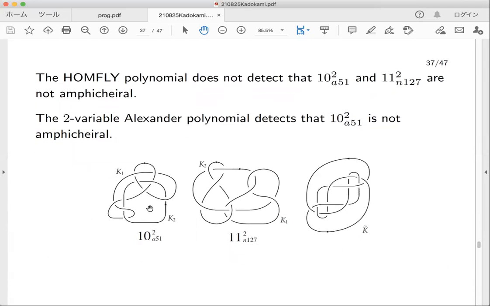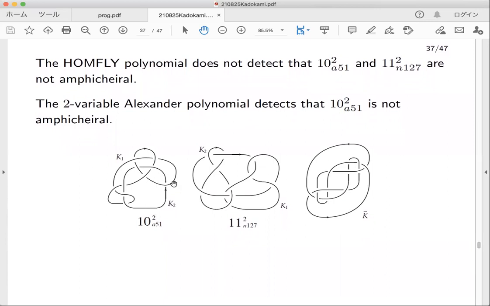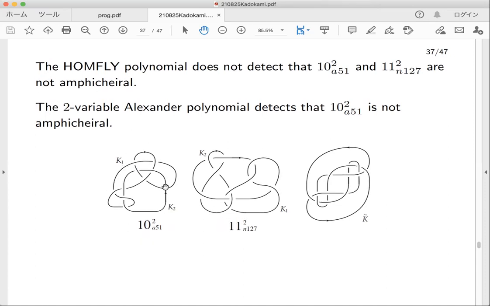And we show that these two cases are a little bit hard to detect non-Amphicheirality: the 10_51 case and the 11 crossing case. We could show this is not Amphicheiral by using the two-variable Alexander polynomial.